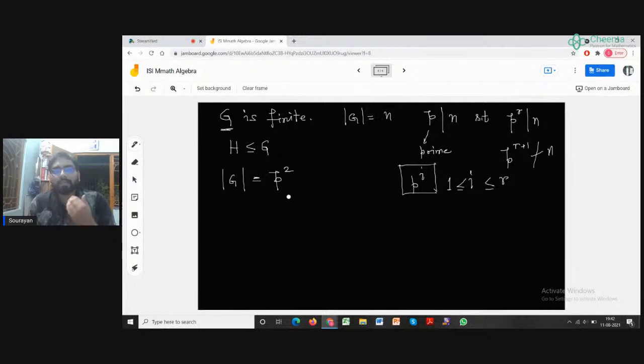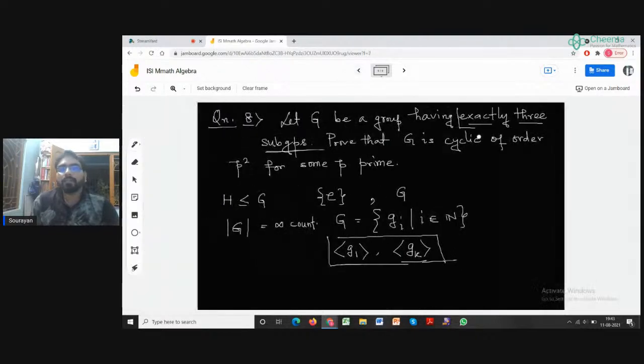Because suppose the order of G is a composite number, let's just say n. Then by the fundamental theorem of arithmetic, you can write it as the product of p_i to the power alpha_i, the prime factorization. And for each of these p_i to the power alpha_i, you are bound to have a subgroup of that order.